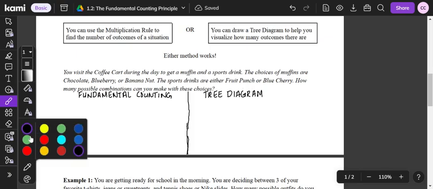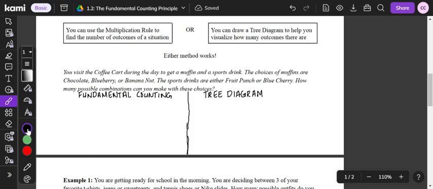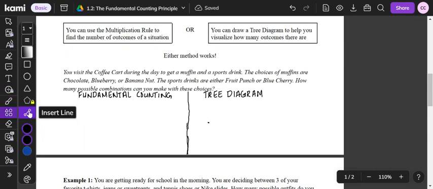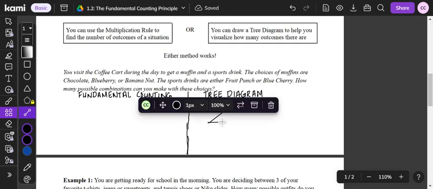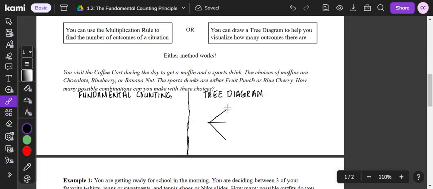You could start at the coffee cart and you could get either a chocolate muffin, a blueberry muffin, or a banana nut muffin. And then from each of those points, you could get two different sports drinks.